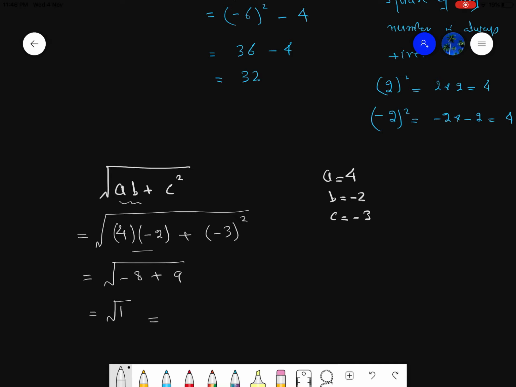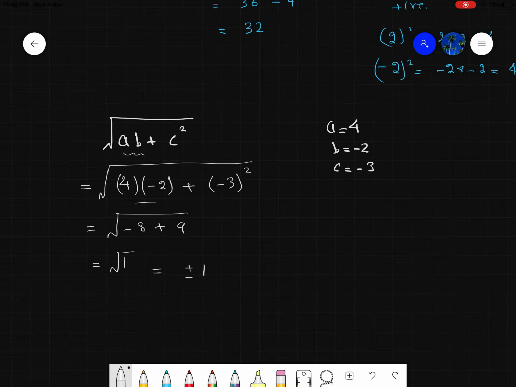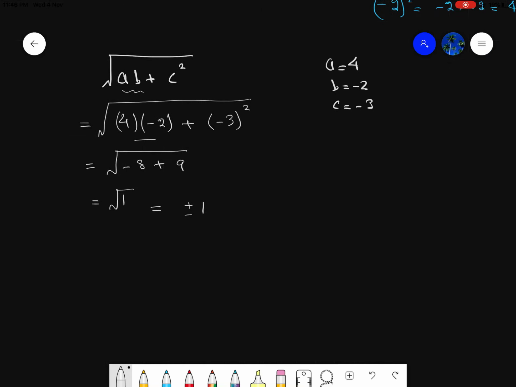When you take the square root of this one, you will get plus minus 1. Remember that the answer to a square root is always plus minus. There are two answers for a square root, one positive and one negative. The reason is, if we want to work out the square root of 4, we will get 2.